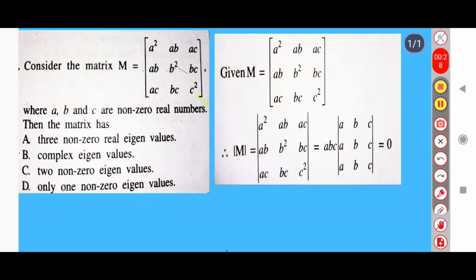If we find the determinant of the matrix, then from the first column we get A common, from the second column we get B common, and from the third column we get C common.